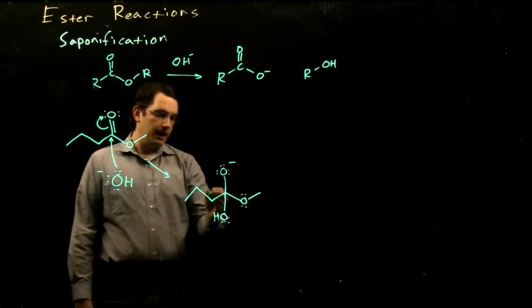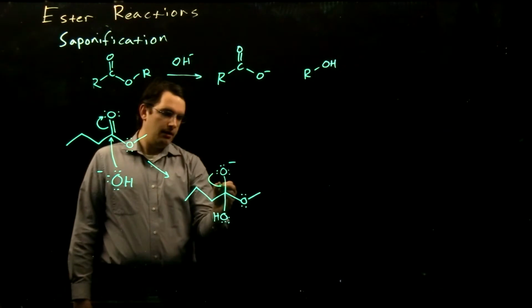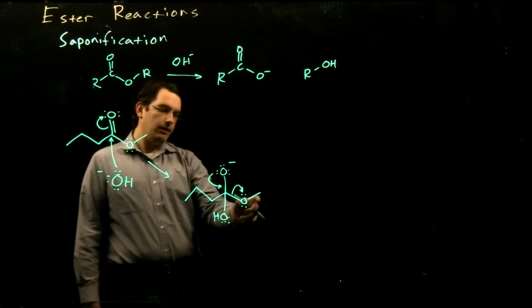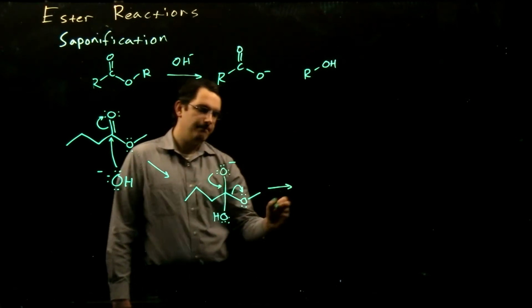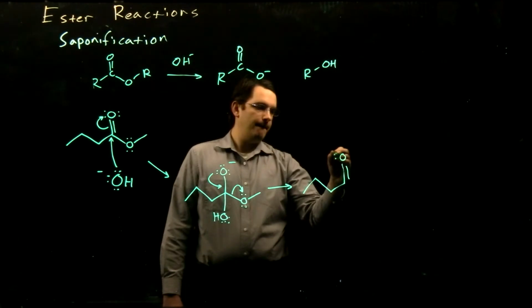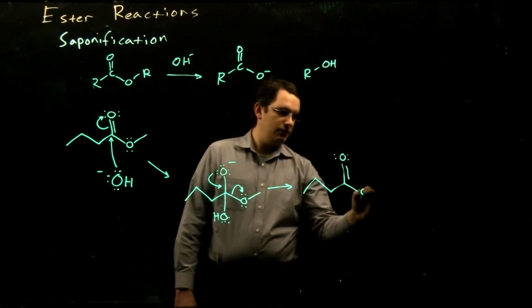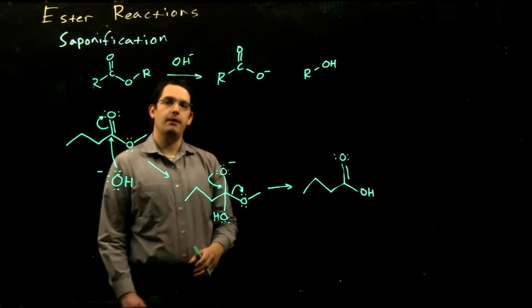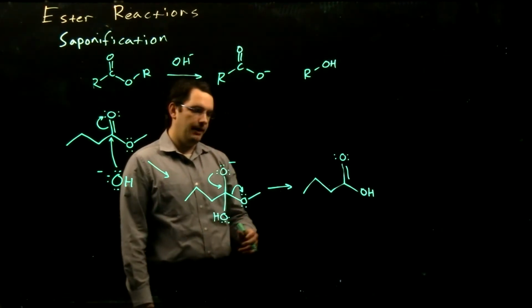From here we can eliminate our alcohol portion of our ester, our alkoxy group. And we've completed our substitution and added on our new hydroxy group from our hydroxide base.